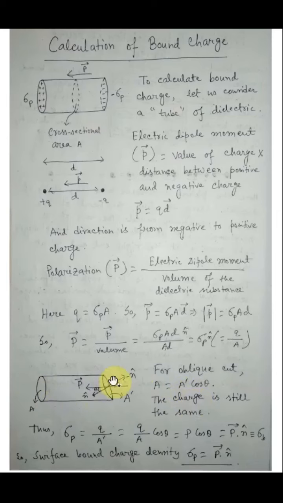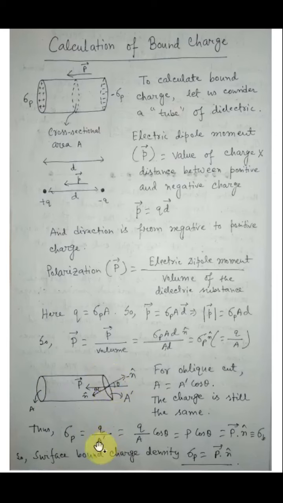And here the total charge inside this tube is actually accumulated on the surface of this tube. So that is sigma p, q by a prime, because the charge is still the same here. We are considering that only the tube now has an oblique cut.